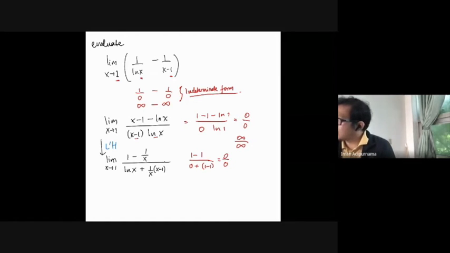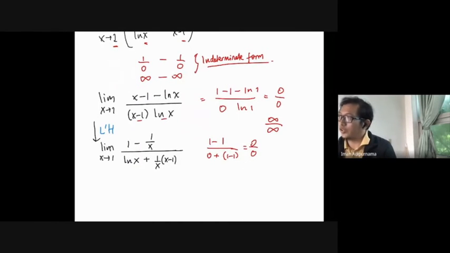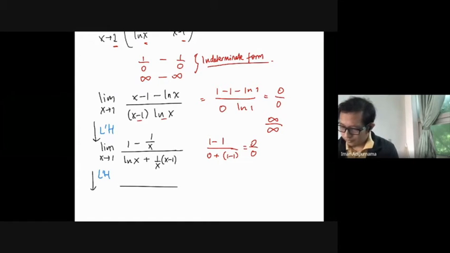So in L'Hopital's rule, you can use it as long as it still has 0 over 0. You can use another L'Hopital rule, so you can differentiate once more. It becomes 1 over x.